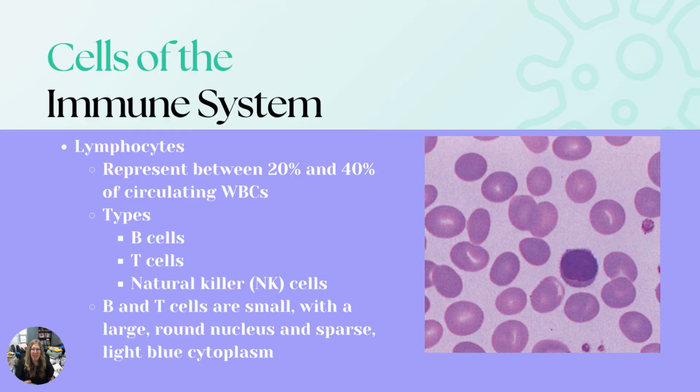So generally, you can't look at a normal lymphocyte and confidently say that's a B cell or that's a T cell. Instead, we distinguish lymphocyte populations by using things like surface markers, which brings us back to that cluster of differentiation, or CD, terminology from our key terms.